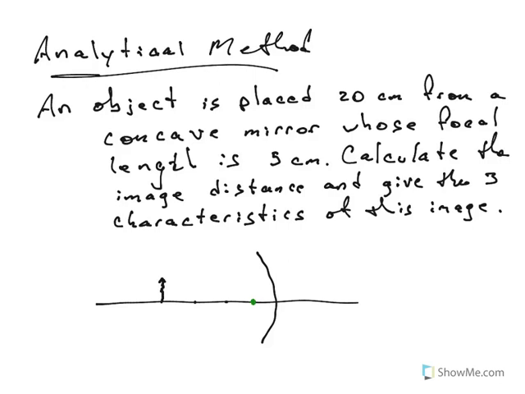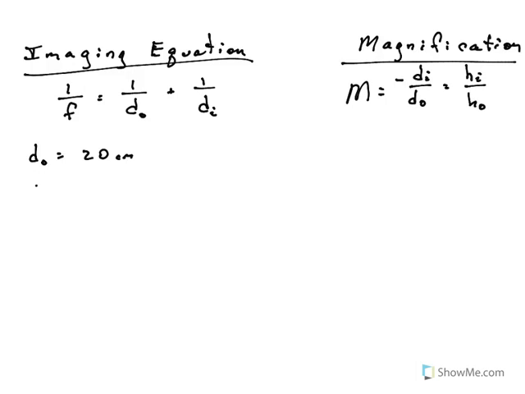All right, what else? So 20 centimeters away, the focal length of the concave mirror is 5 centimeters. So focal length is 5 centimeters. Now here's another thing. This is very important as well. The focal length can be positive or negative. Now, how do I know if the focal length is a positive or a negative? It's purely arbitrary. It was a standard that was chosen in the past, and the standard goes like this.